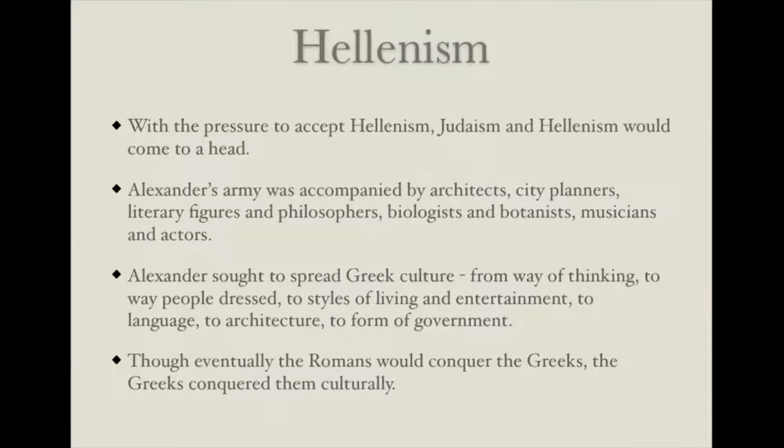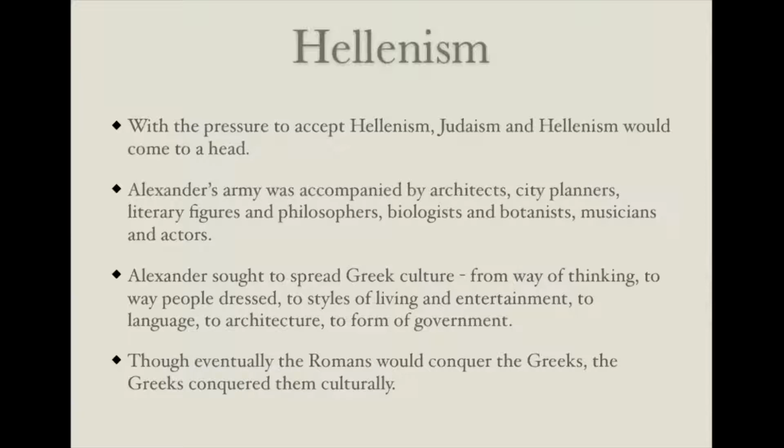So just to give us an understanding, Alexander, when he went with his armies to conquer different places, was accompanied by architects, city planners, literary figures, philosophers, biologists, botanists, musicians, and actors. Pretty funny composition of those who traveled with his army.